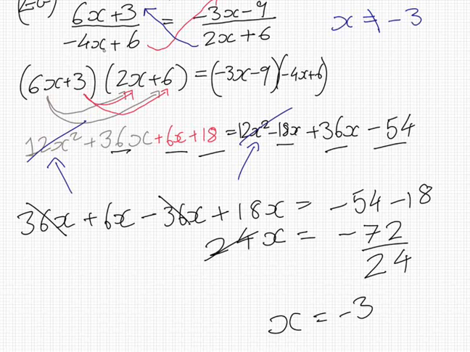X is not 3 over 2, isn't it? You see that? Yeah? So, now, what does that mean here for this? It's not actually an answer, okay? So this equation has no solution, really. Okay? Yeah, what did you say? Undefined, yeah, that's it. Undefined, no solution.